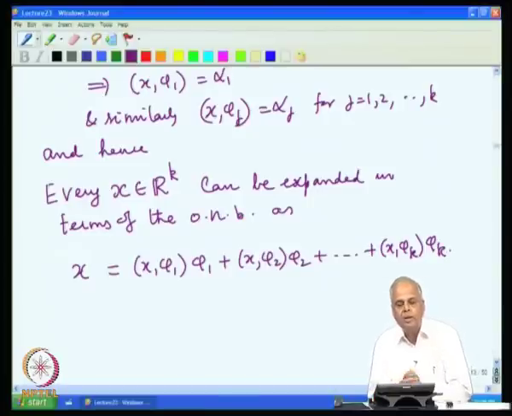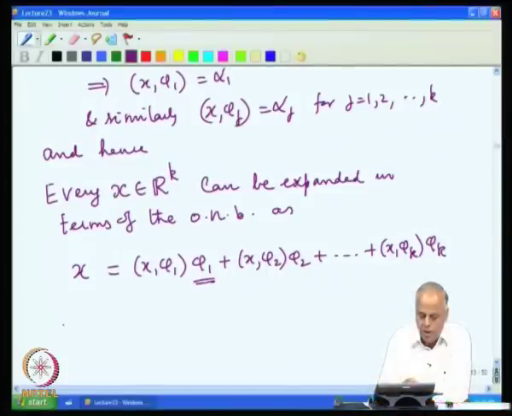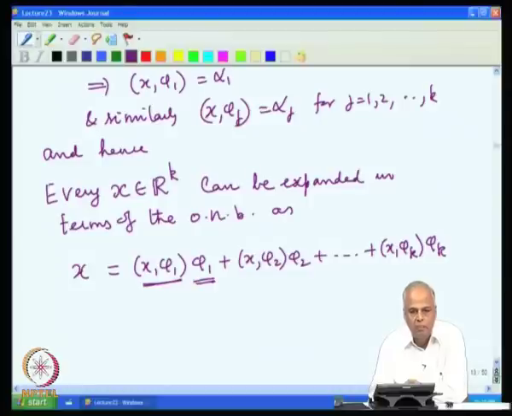So, we know precisely how to find the coefficients. Notice that it is much easier to find the coefficients in the expansion with respect to the orthonormal basis, because to find the coefficient with respect to phi 1, we need to know only the relationship between x and phi 1, namely the dot product of x and phi 1.